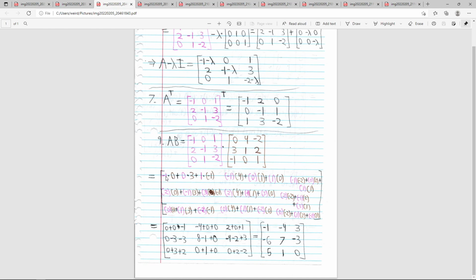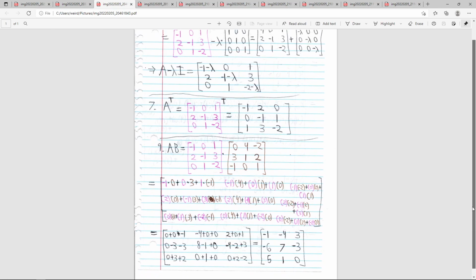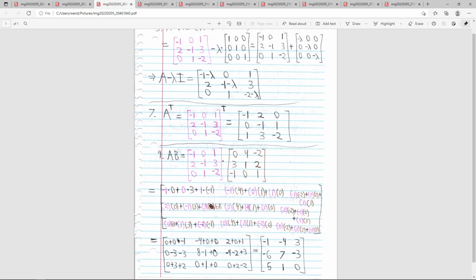So the first one is negative 1 times 0 plus 0 times 3 plus 1 times negative 1. That's the whole thing. Eventually that becomes negative 1 when you simplify down.